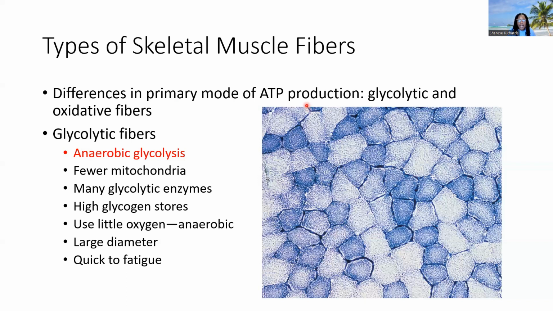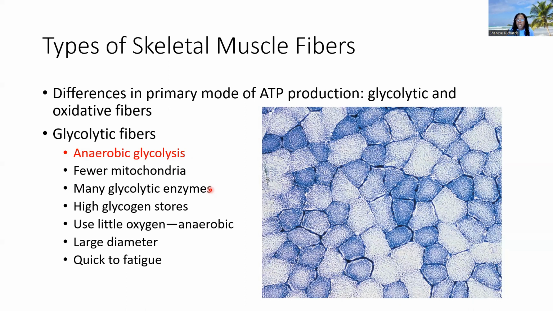So a glycolytic fiber is going to primarily rely on anaerobic glycolysis. It's going to have fewer mitochondria, and the reason is because mitochondria is the site of oxidative phosphorylation. So if we are not relying on oxidative phosphorylation, we don't need as many mitochondria. It's going to have a lot of glycolytic enzymes, because if our main source is anaerobic glycolysis, we need lots of glycolytic enzymes.